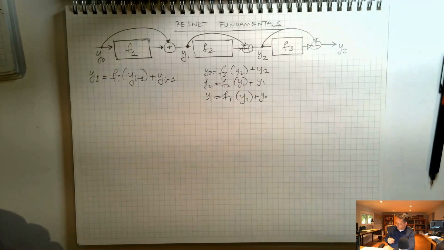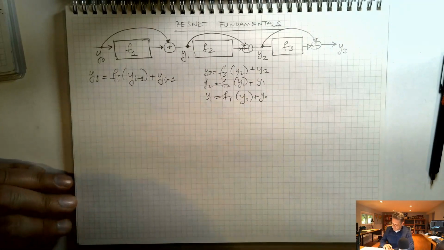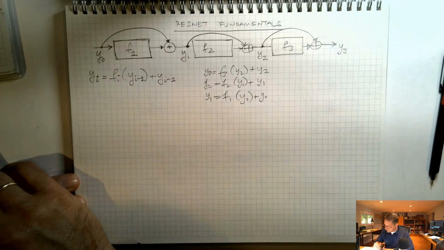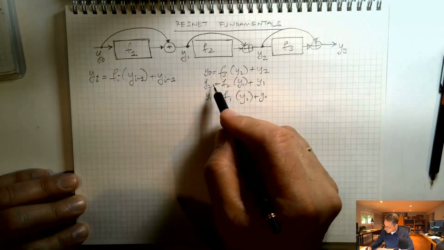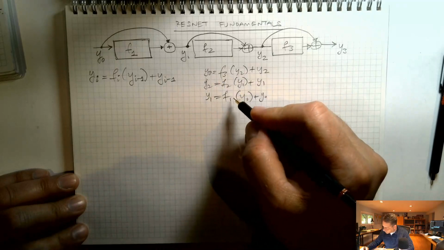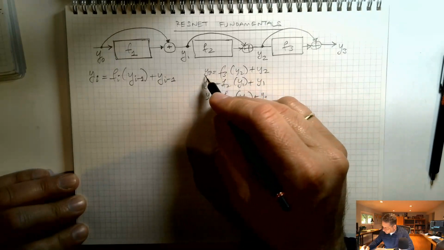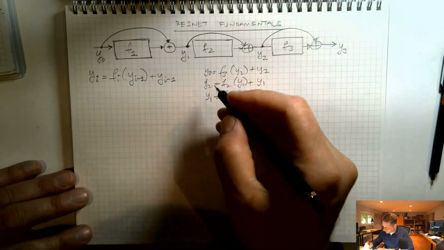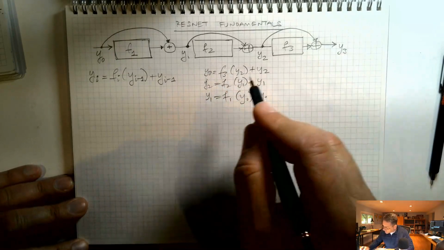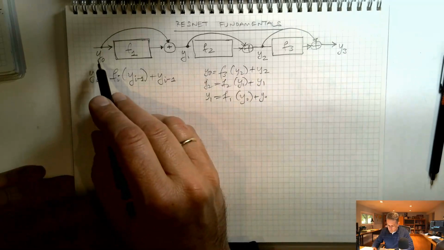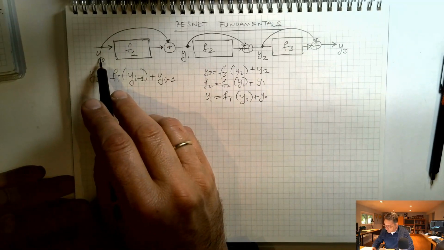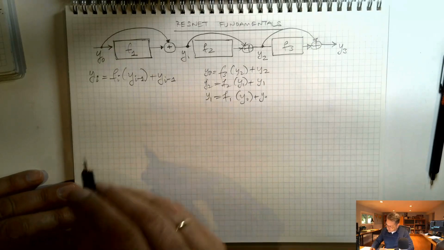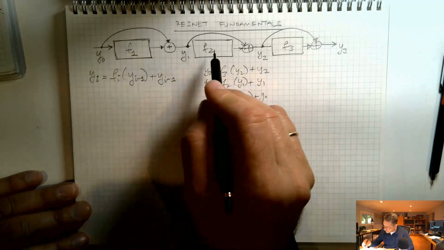These are the three equations for each of the three blocks that I have here. And what I want to do now is start replacing the Y2 and the Y1 into the equation for Y3, because I want to write down the form of Y3 as a function of only Y0 and the two functions that are involved in the blocks, F1 and F2.